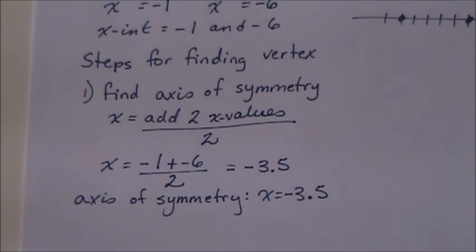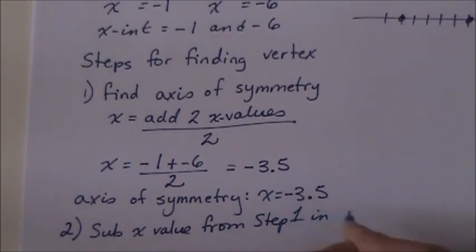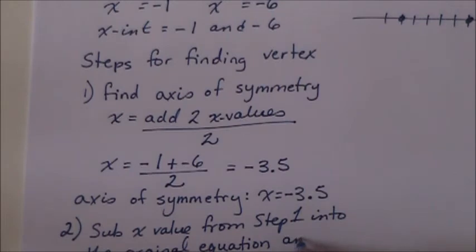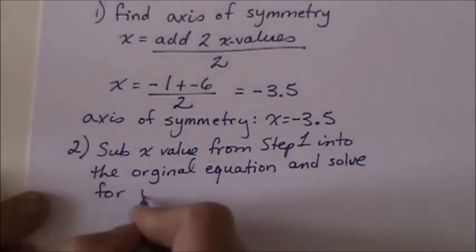Now the next thing we need to do is find the y value for our coordinate. So, step 2, we're going to sub the x value from step 1 into the original equation and solve for y.